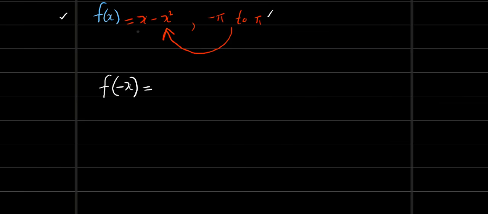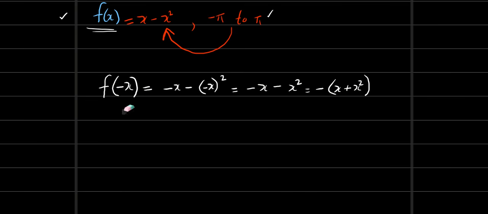So I'm going to replace x with minus x so that you end up with minus x minus x the whole square, and that will be minus x square. So nothing happened. I didn't get the function, neither did I get the negative of the function. So this function is neither even nor odd.